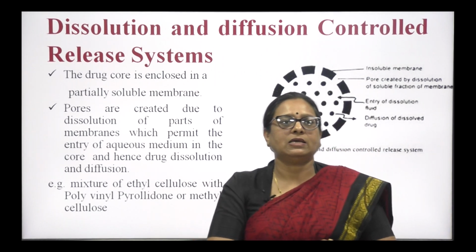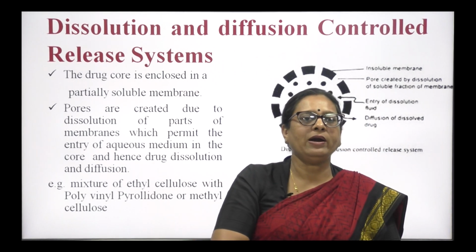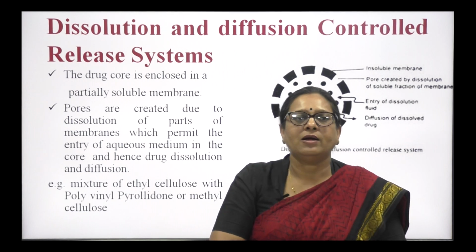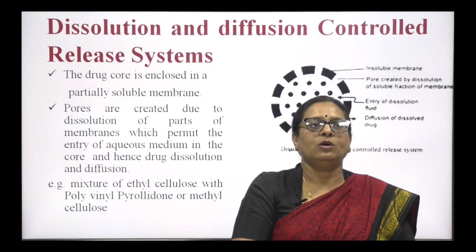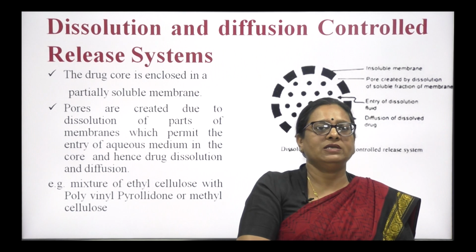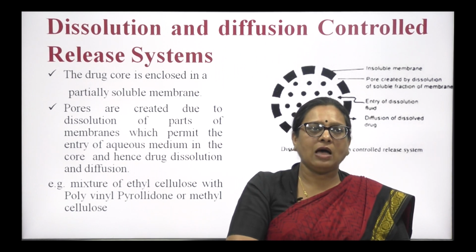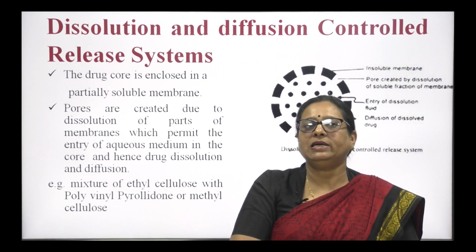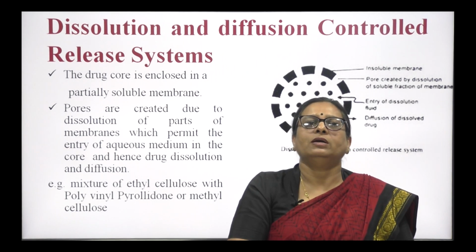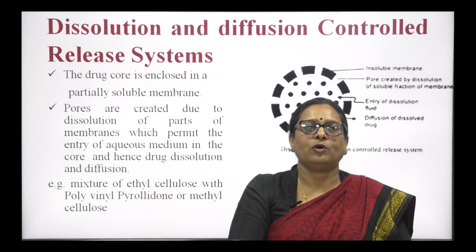Once water enters this drug reservoir, it will dissolve the drug, and then the dissolved drug will diffuse out of this reservoir into the bulk of the system. So, this is how the drug release rate will depend upon dissolution and diffusion processes.